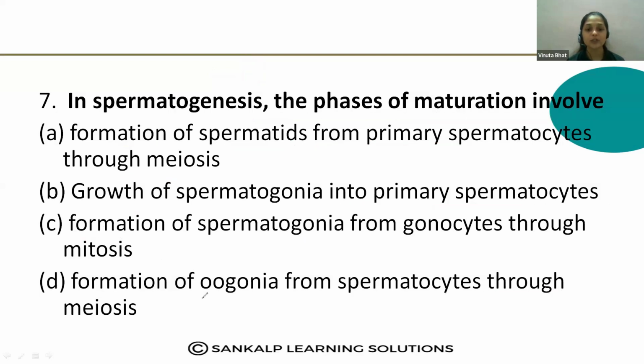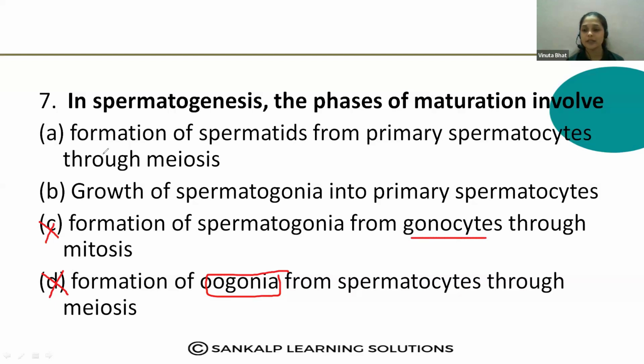Formation of oogonia refers to oogenesis, that is not present in spermatogenesis, so we can cancel that easily. And formation of spermatogonia from gonocytes, that also we can eliminate, right?